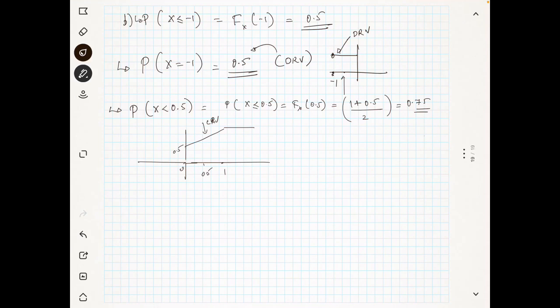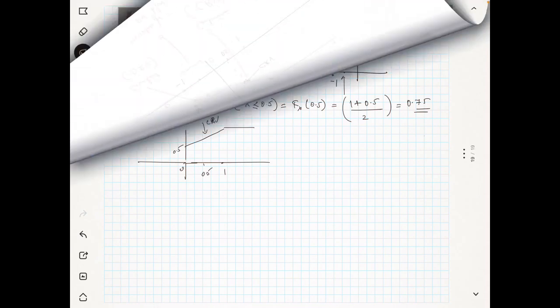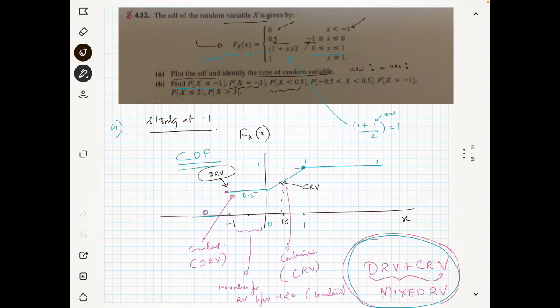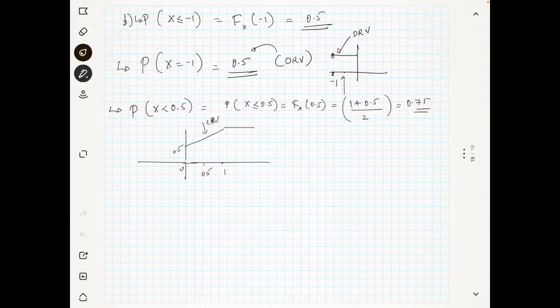Next is another part: the probability that x takes a value between -0.5 and 0.5.